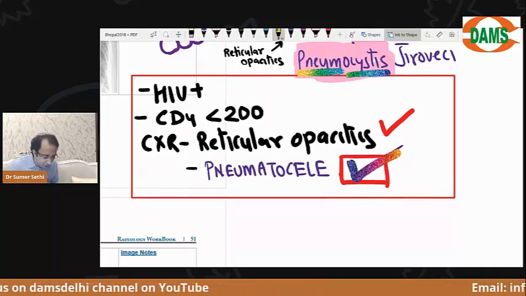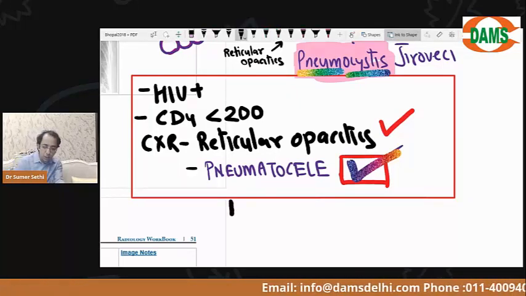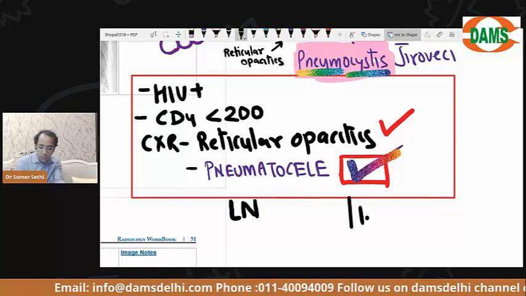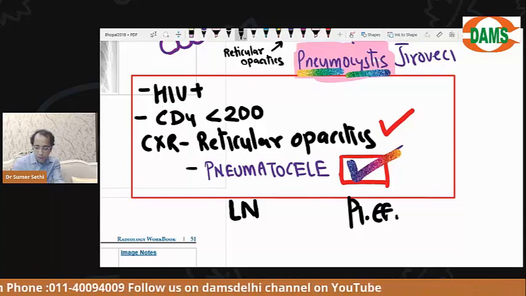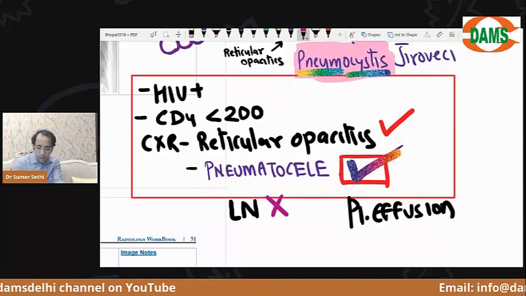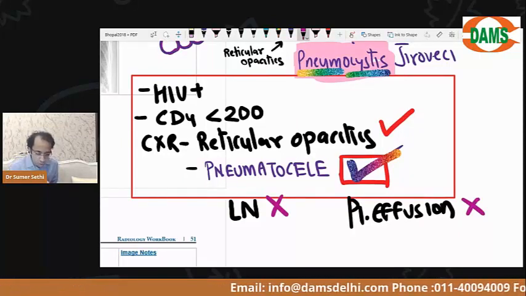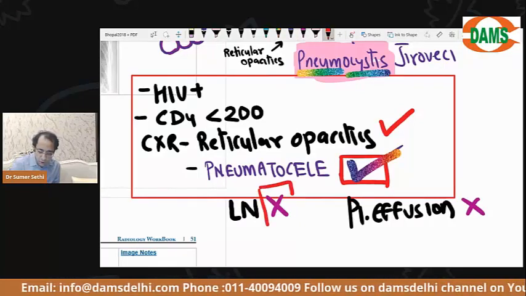Everybody understands? Now, once you are able to understand this, the question is, what about lymph node enlargement and what about pleural effusion? Not seen. Lymph node or pleural effusion is not seen in pneumocystis pneumonia.